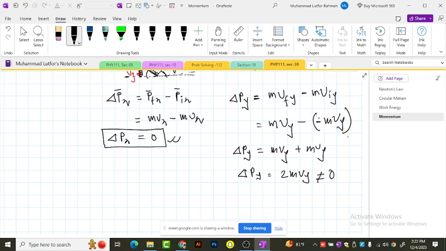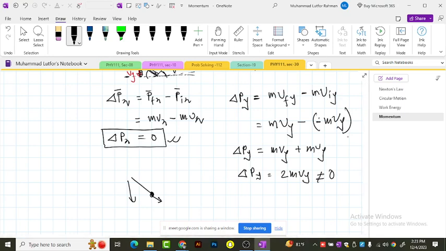The momentum along the x direction is conserved because there is no force along the horizontal direction once it is released from your hand. The force is only in the vertical direction, which is the gravitational force, right? Once you release the ball, the only force acting on the ball is the gravitational force, the net force, and it is towards the downward direction.